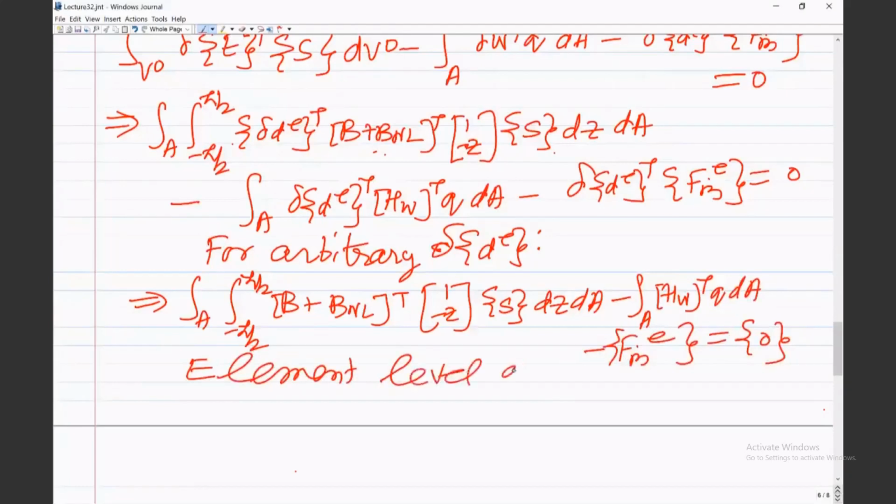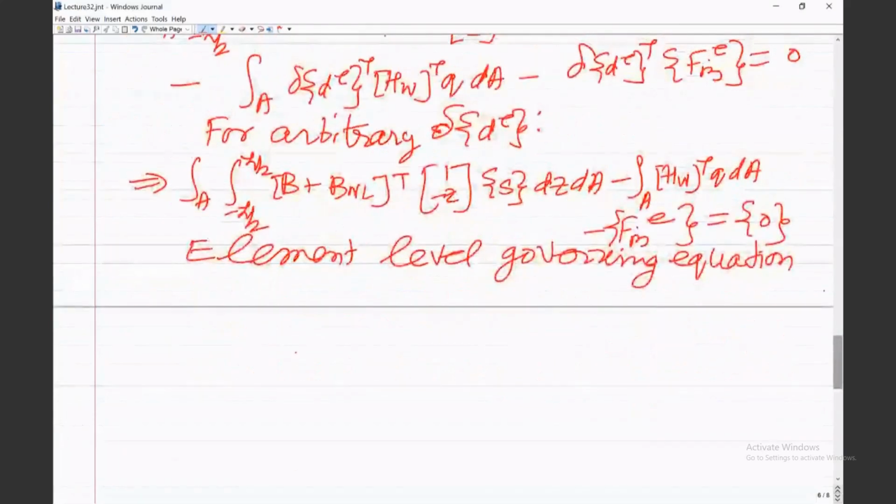So you see how straightforward it is to write this element level governing equation for different problems. And this is non-linear, so we solve using the Newton-Raphson method. For that we need to write the incremental form.